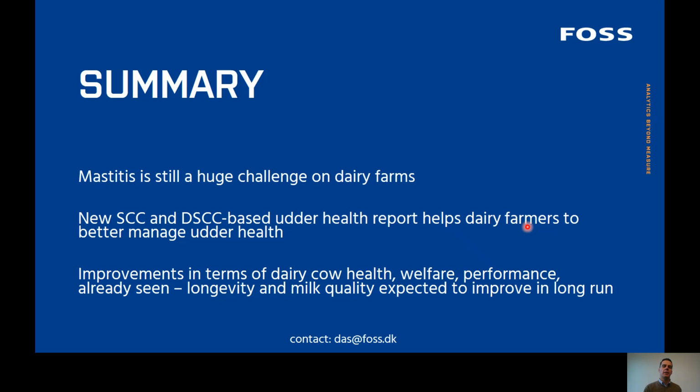And what we've specifically seen in Germany was that the dairy cow health was better, welfare was better, performance improved, and in the long run, it is also expected that dairy cow longevity and milk quality will improve.